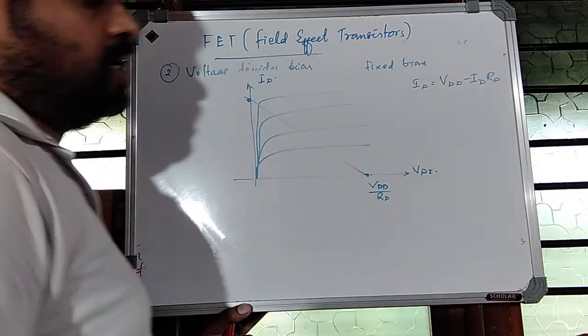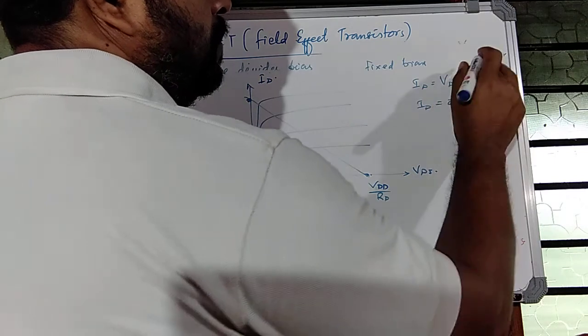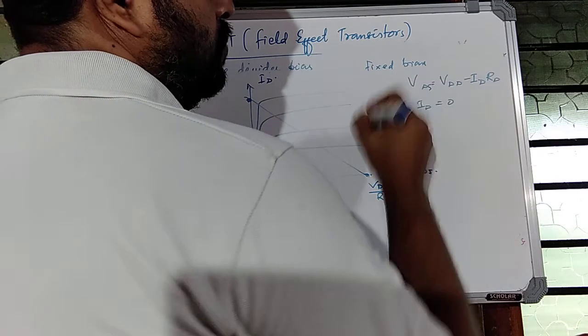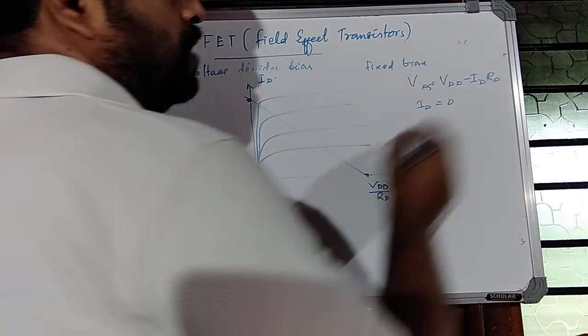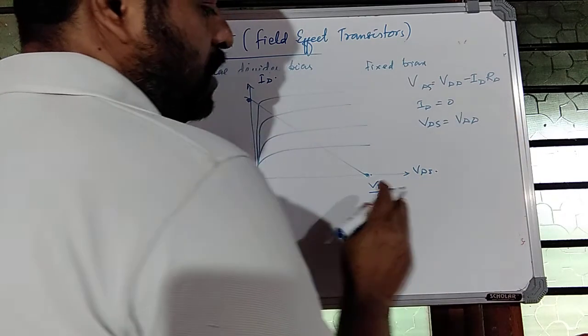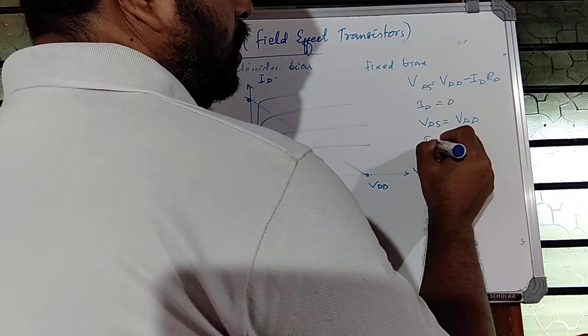Okay. In this case, when ID becomes 0, this is VDS. When ID equal to 0, VDS equal to VDD. So VDS equal to VDD.